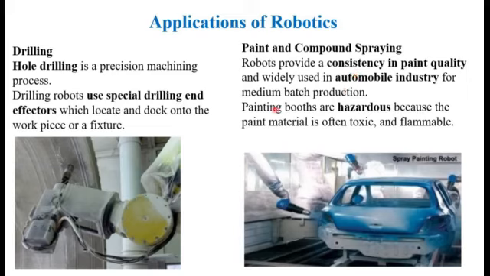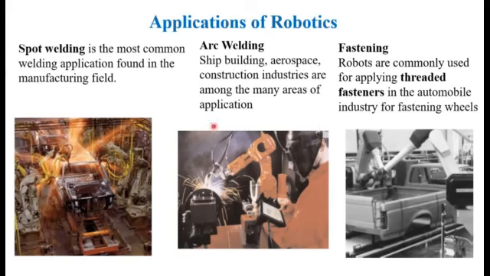As well, painting booths are hazardous because the paint material is often toxic and flammable, so it may be hazardous for the human operator. Because of that also, in painting booths robots are used for painting of automobiles. It is also one of the applications of robots in industry.